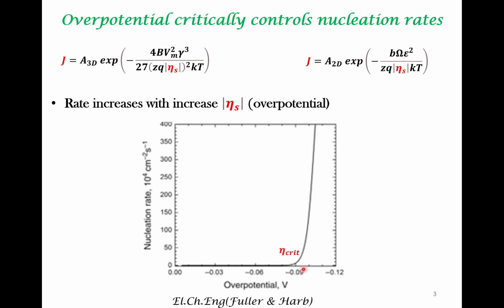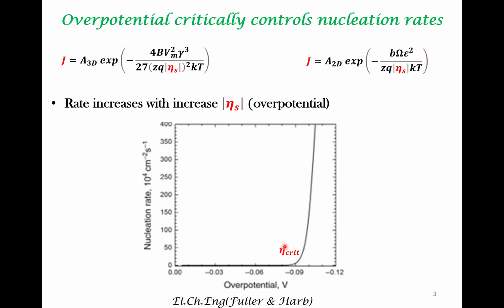When you say increase, we are talking about increase in overpotential. We are talking about the absolute quantity, because here the overpotential itself is a negative quantity. So when we say this quantity increases, the absolute of this quantity increases, what we mean is that this negative quantity increases, because we are thinking about cathodic electrodeposition.